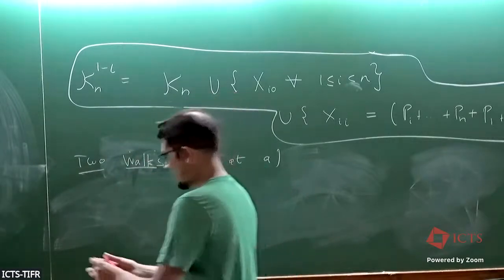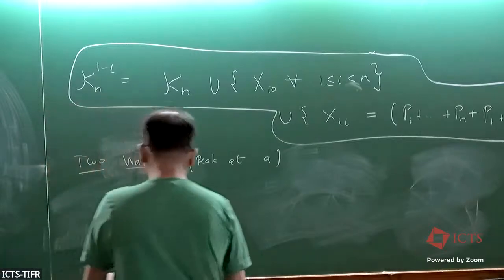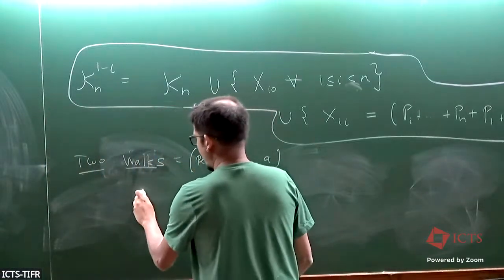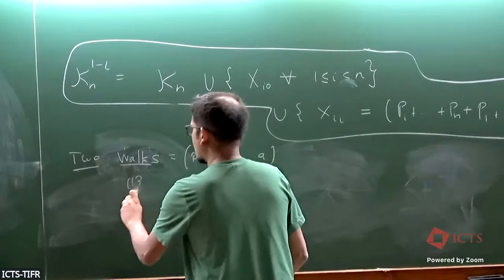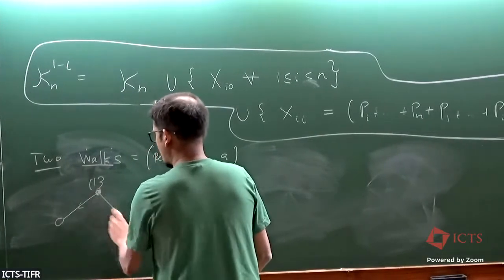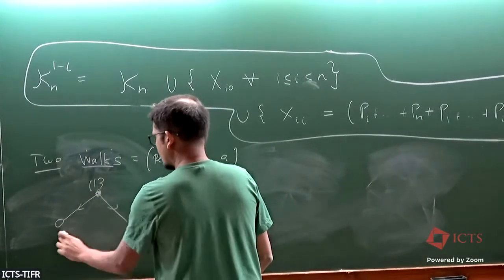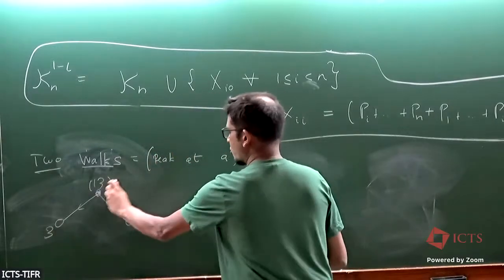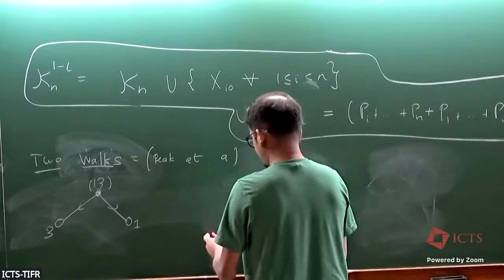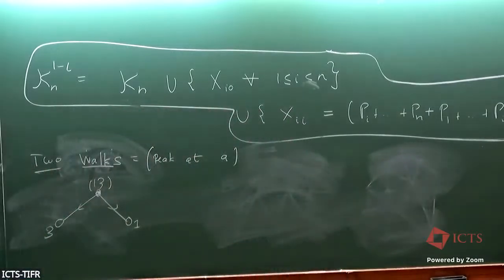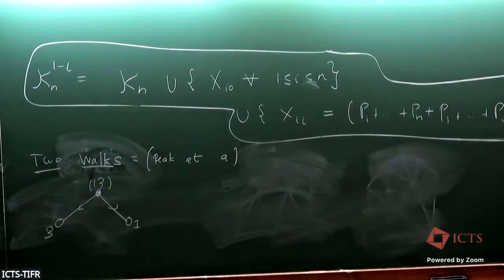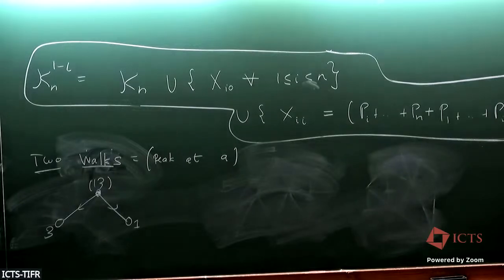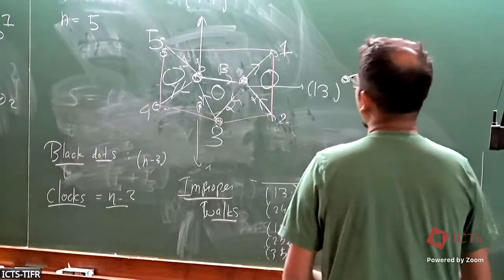In other words, if I draw them with the peak and dip description we gave, then you see that 1,3 is this one, and 1,4 is this.